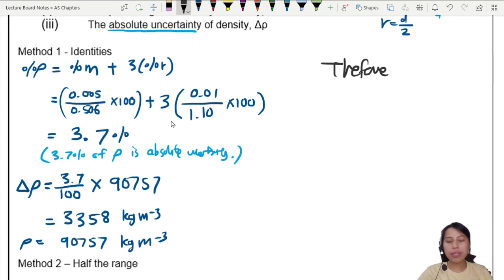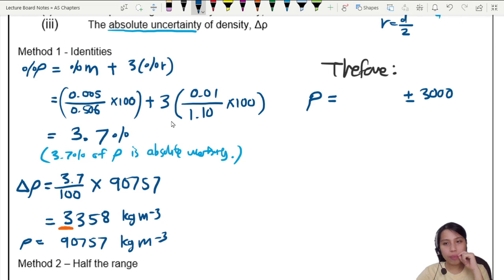Therefore, final answer reported, we will say density here equals to, remember the formula or the format? First step, uncertainty must be 1 SF only. So you look on the left side, I already underline where is my 1 SF. So I'm going to write the uncertainty first. This will be plus minus 3000. I round it off.